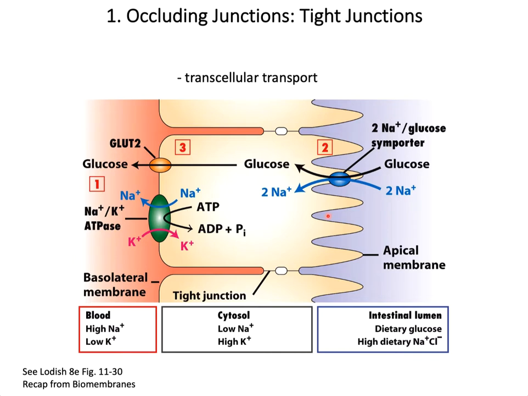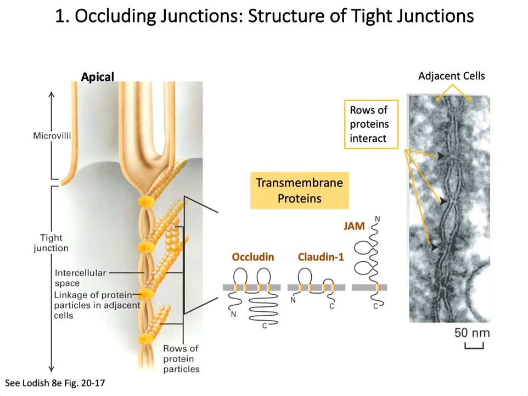And this can really mess up the glucose gradient to the point where this GLUT transporter might work in the opposite direction and transport glucose from the basolateral side to the intracellular space. And so the tight junctions really help in maintaining these gradients on the apical side and on the basolateral side, which is important for the function of all these various types of transporters or pumps.